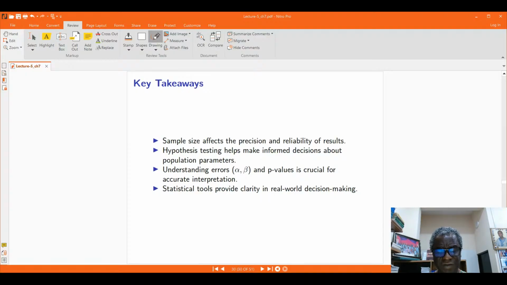So it's very important we understand this concept for data analysis and interpretation of results in statistical research. So this is where we are going to stop today.